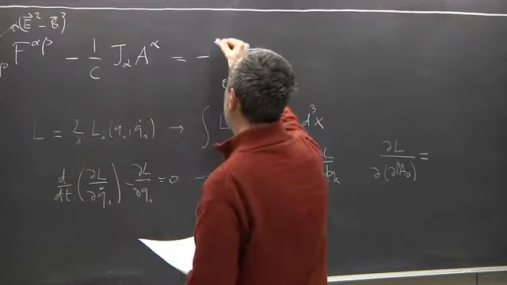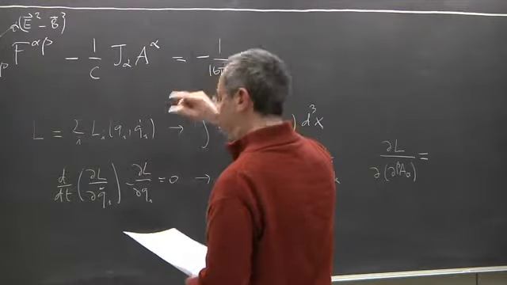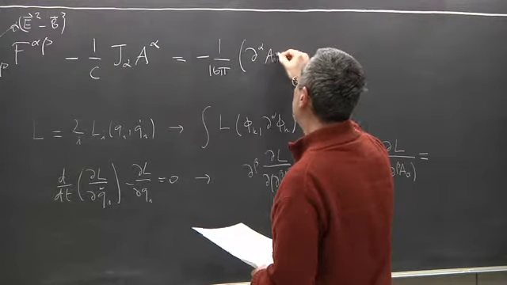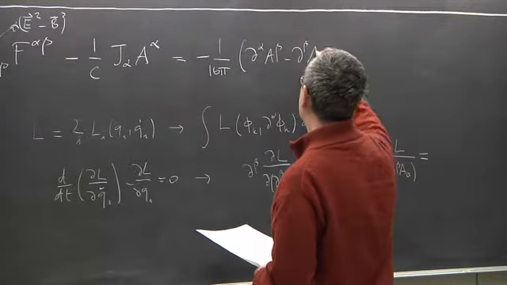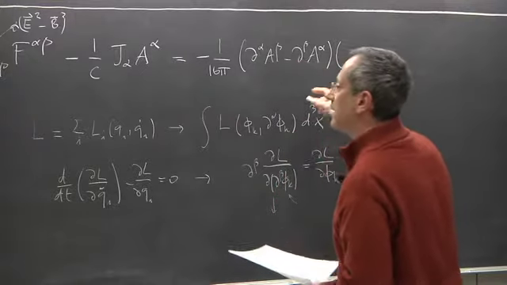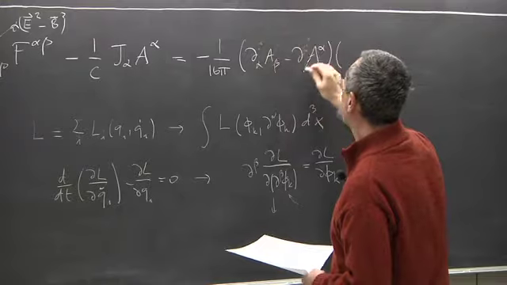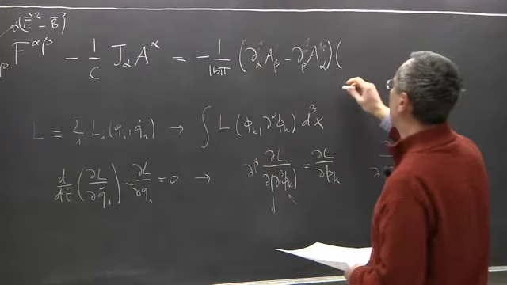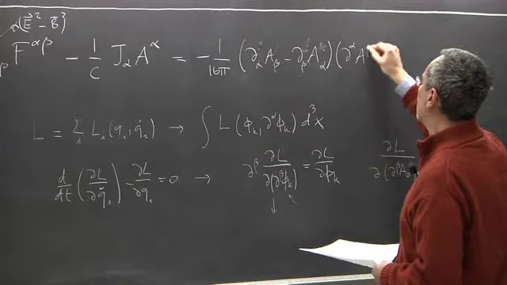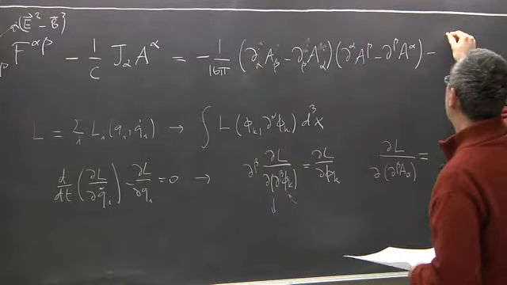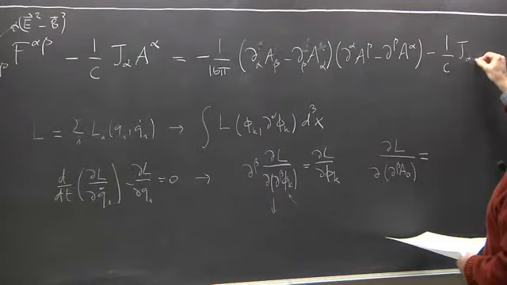Remember that F alpha beta is by definition d alpha A beta minus d beta A alpha. And then you have, well, actually this is downstairs, and this is upstairs, minus 1 over c j alpha A alpha.